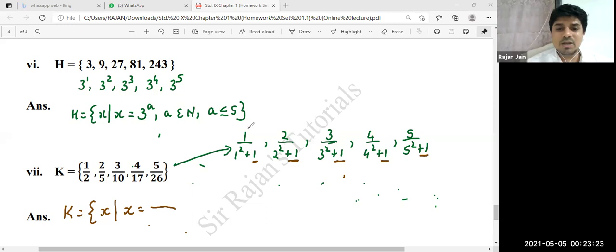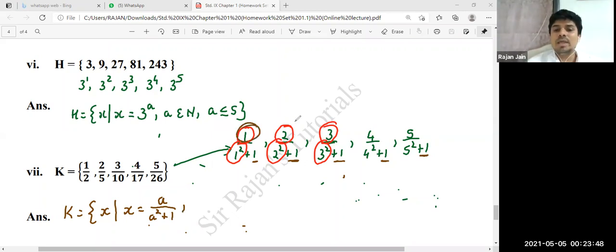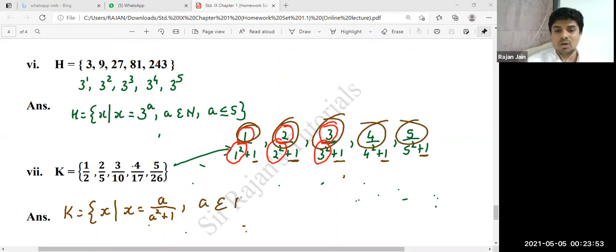And do you know what the specialty is? If here it is 1, here it is 1 square; if here it is 2, here it is 2 square; if here it is 3, here it is 3 square. That means if on top it is a, then below it is a square, and plus 1 is fixed for everyone. So the formula is a upon a square plus 1. Okay, now what are the possible values of a? 1, 2, 3, 4, 5. So I will say a belongs to natural numbers, a less than or equal to 5, and you will close the bracket.